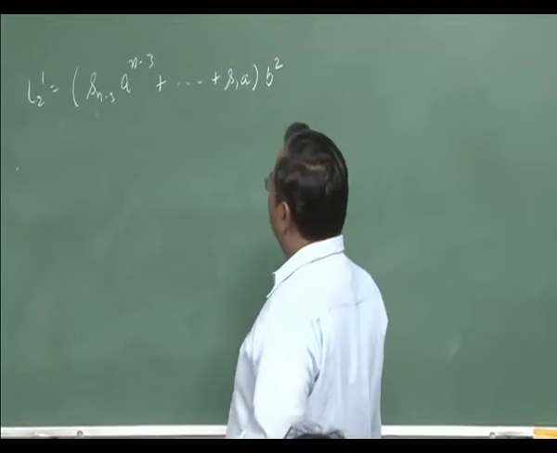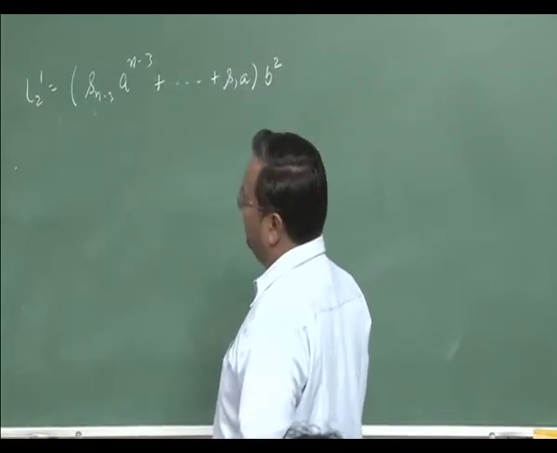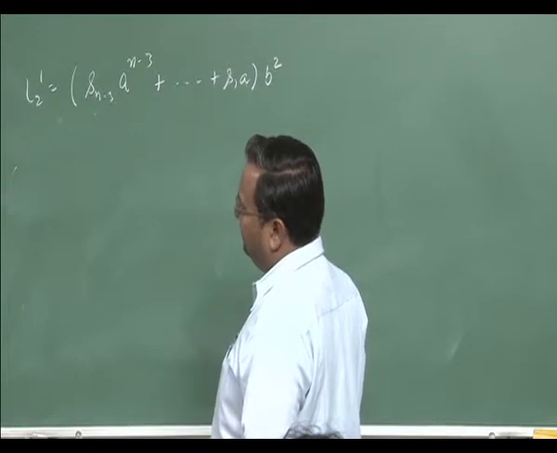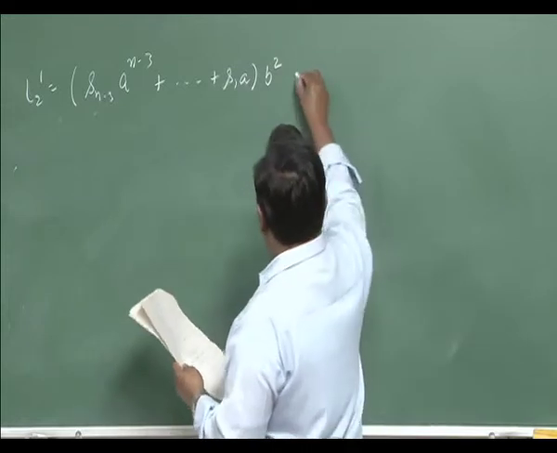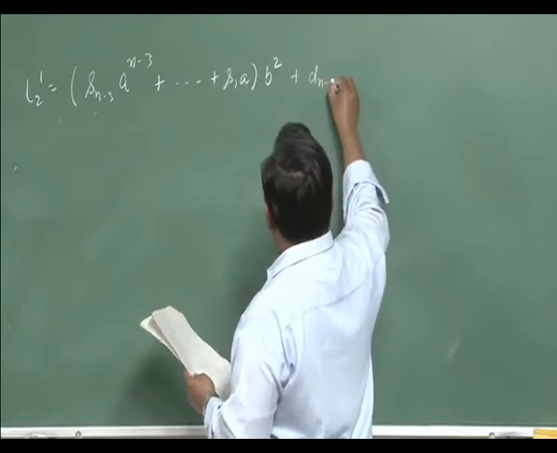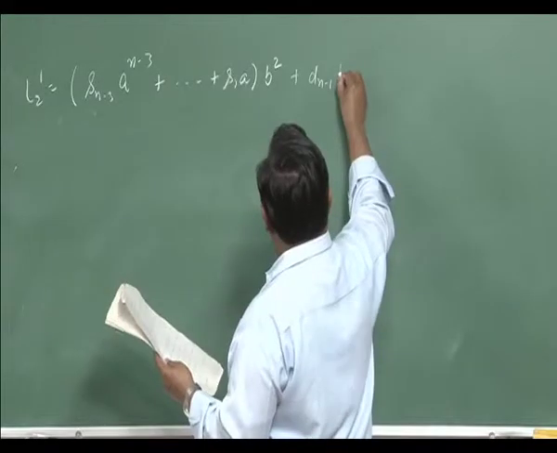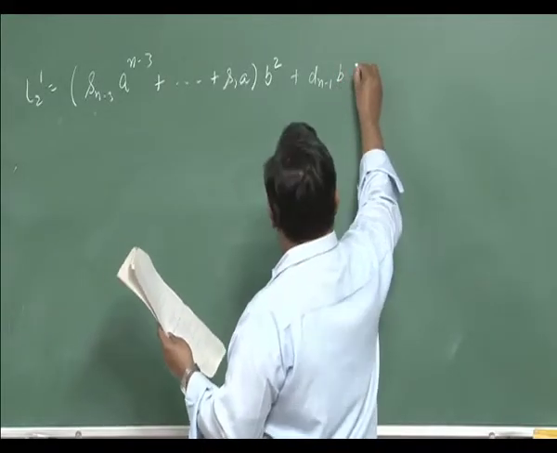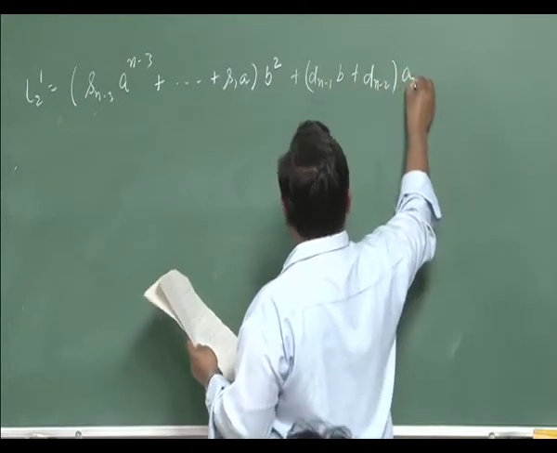Okay. So yeah, L2A will give this. Dn minus 1 b plus dn minus 2b into A.